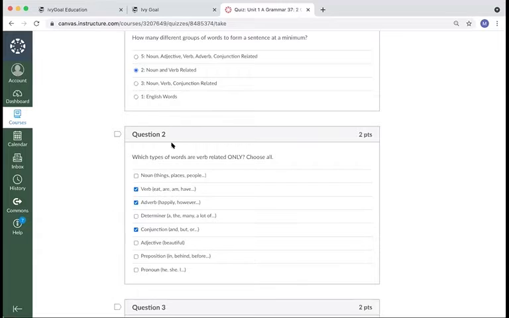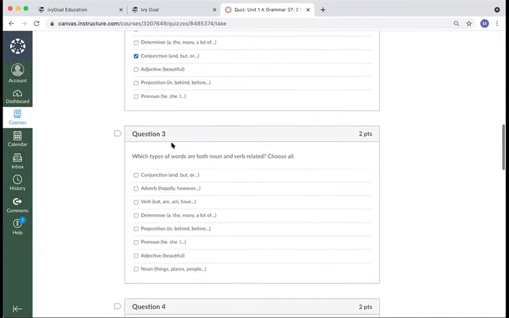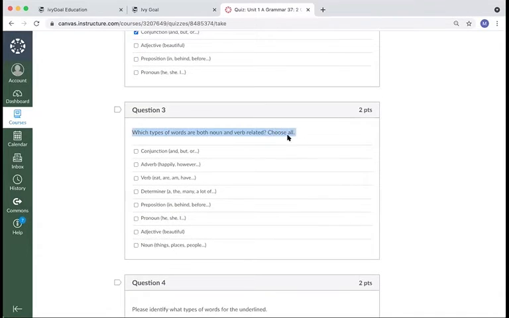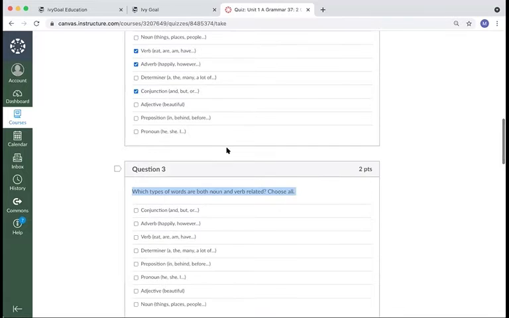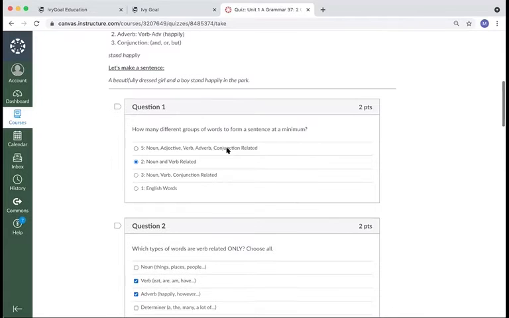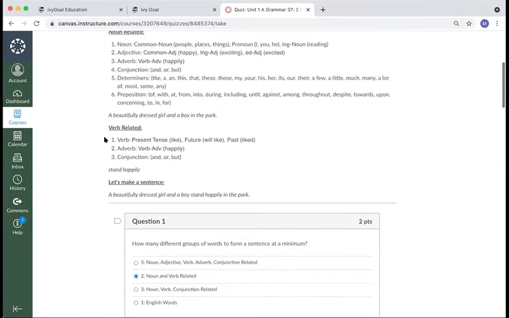Yeah? All right, Alvin, can you read question 3, please? Which types of words are both noun and verb related? Okay, so which types of words are both noun and verb related? Well, we know with verbs, there's verbs, adverbs, and conjunctions.